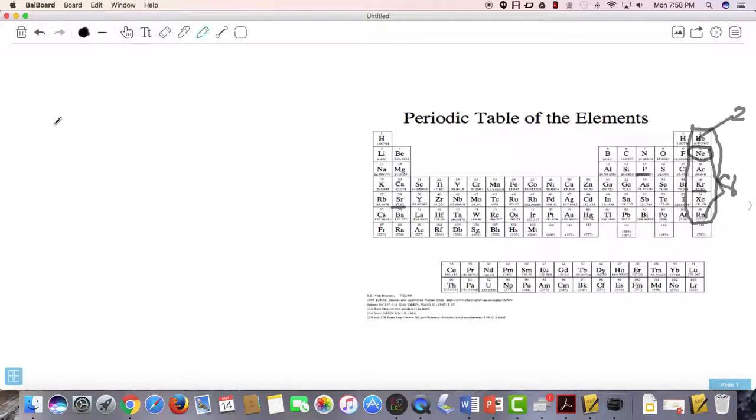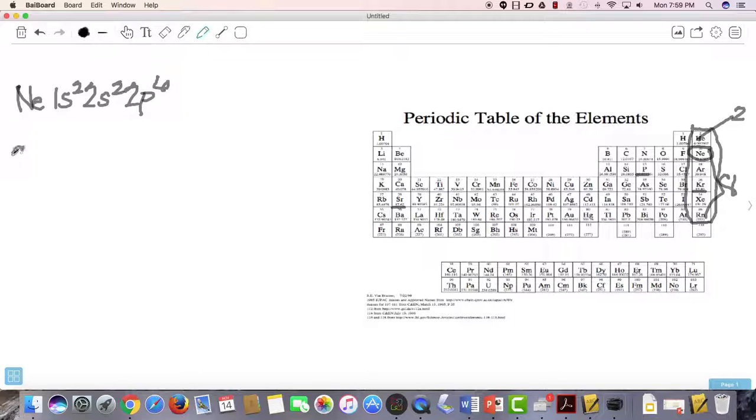First I'm going to do both neon and chlorine because I want you to see what they have in common and how they are different. Neon's electron configuration is 1s2, 2s2, 2p6.